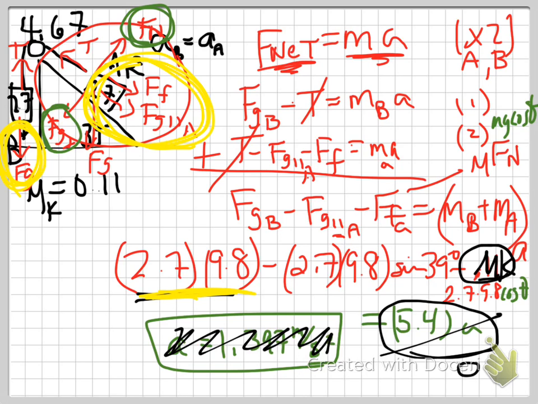Again, the weight of B minus the parallel portion of A minus the friction of A. Essentially you're setting this force equal to these two forces here. You do that, you solve for it, and you can get what mu k is. I'm not going to do it. You can.